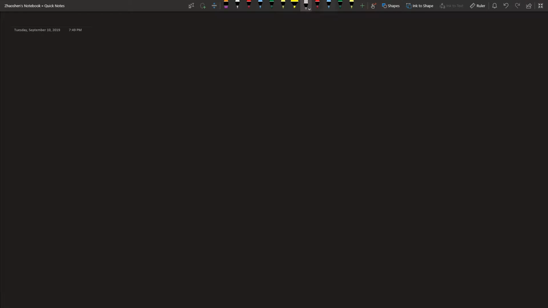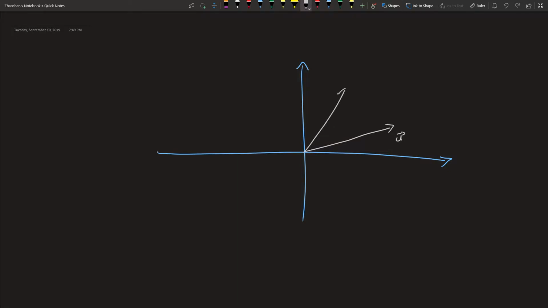Let me try to explain by drawing a coordinate axis, and I will draw two vectors. This is vector u, and then I'll draw vector v like this. To multiply two vectors, the idea is you take their lengths or magnitudes, and multiply them together, right? But what about the direction?